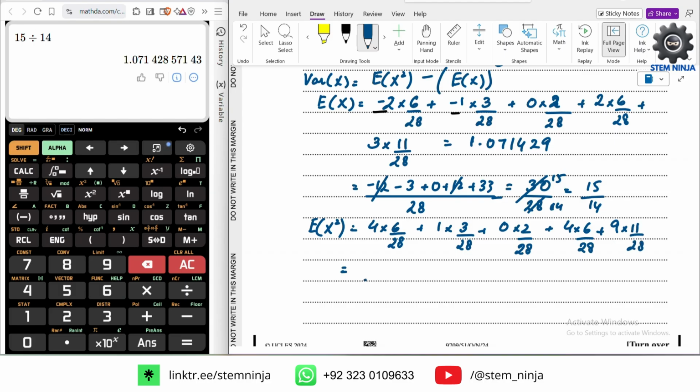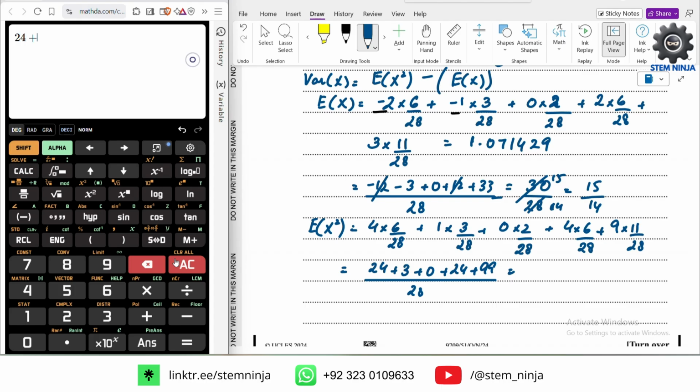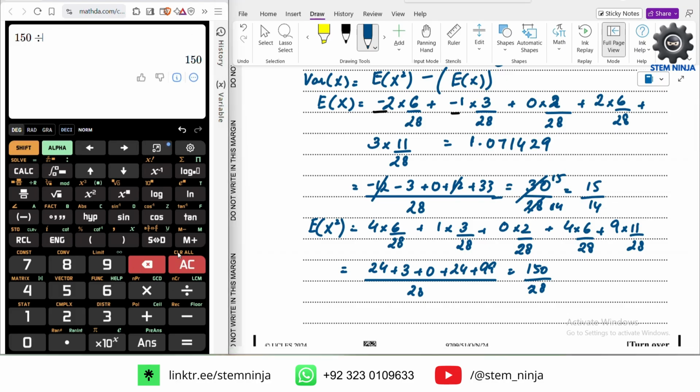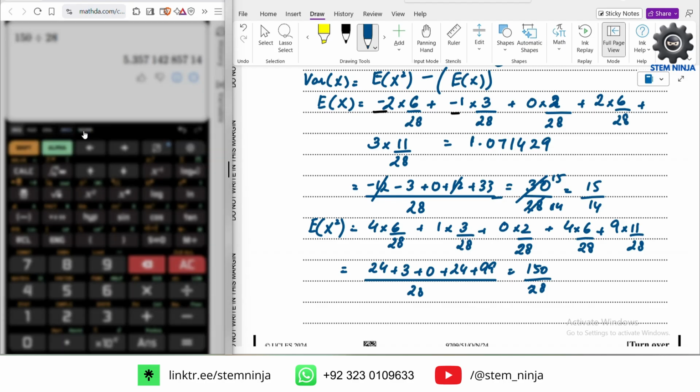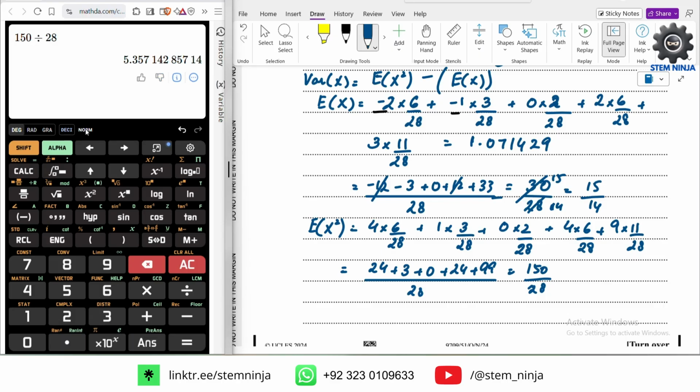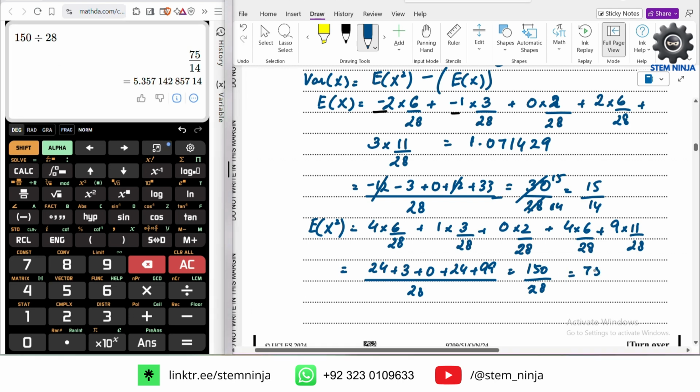So we will do the same thing: over 28, 24 plus 3 plus 0 plus 24 plus 99. So 24 plus 3 plus 24 plus 99, you get 150 over 28. So let's simplify this. Right, 75 over 14.